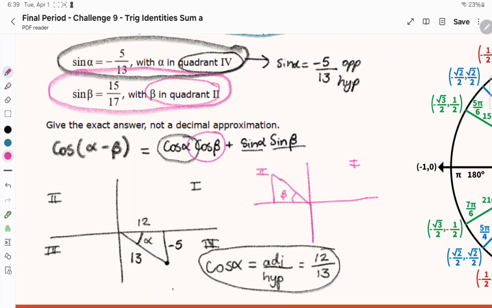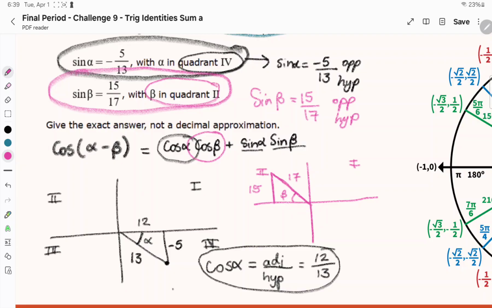And I'm gonna form my little triangle. And we know that sine of beta is 15 over 17, but sine, again, is opposite over hypotenuse. So our opposite side would be 15 and our hypotenuse would be 17.